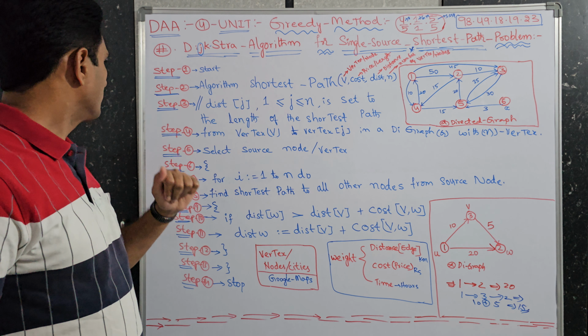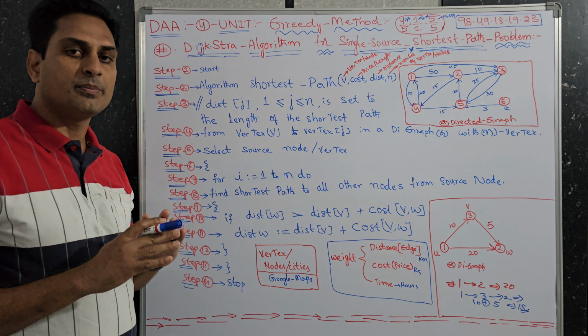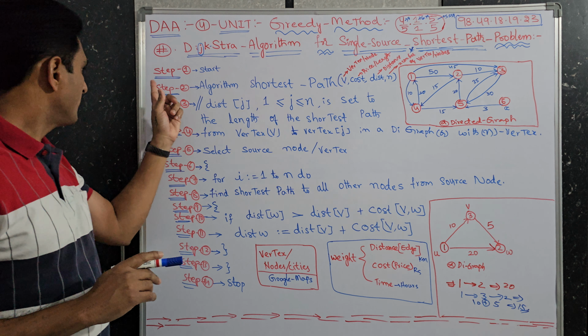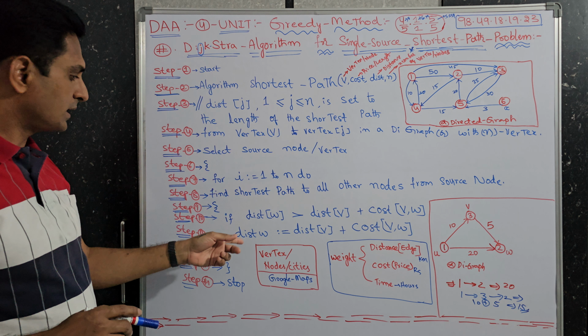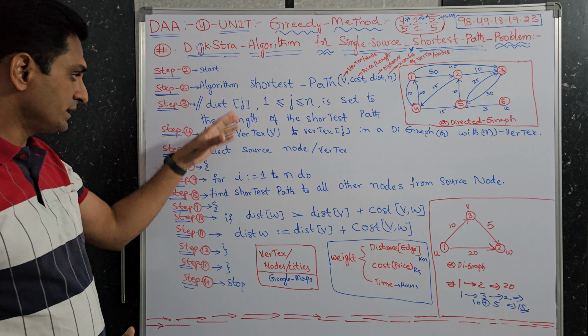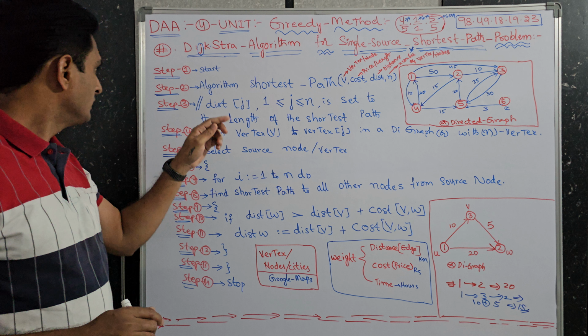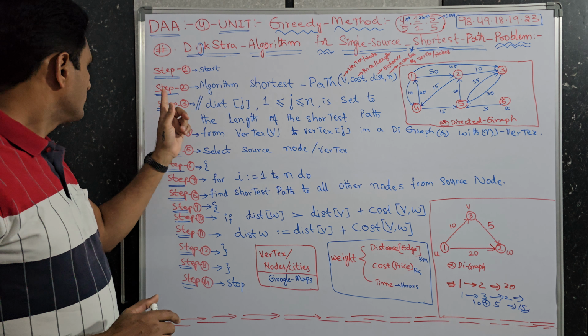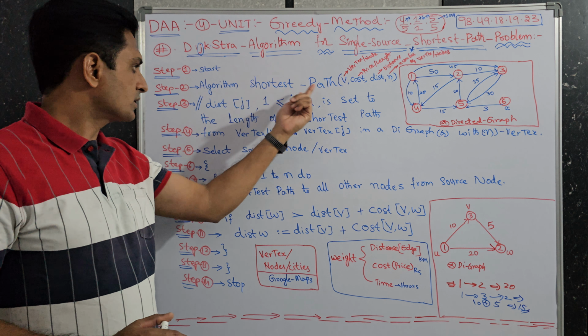Now we'll go with the algorithm. The definition of an algorithm is a step-by-step English representation of a program. In your exam, write the steps with a black pen and write the description in a blue pen. Also write the explanation for this algorithm, like what these variables are, then you will get full marks. Step 1, start. Step 2, write the question given. Algorithm for shortest path.